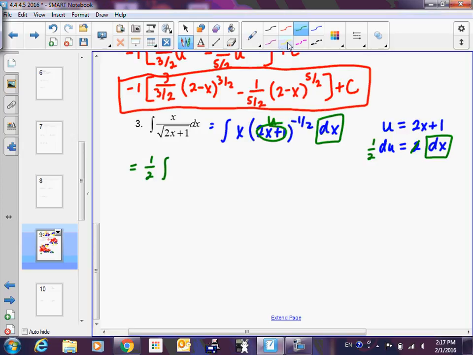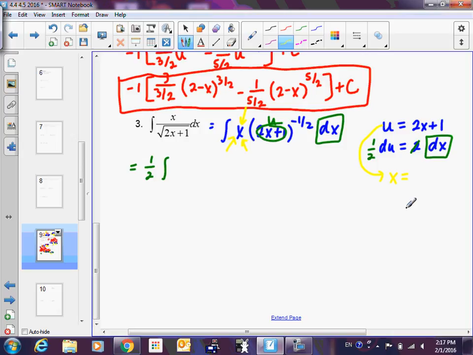So what makes this tough is we have this extra x. It'd be great if this x was not there. Or if it was also over here. So it's not. We've got to put something in place of that x. Go over here and figure out what x should equal. So go ahead and do that on your own.